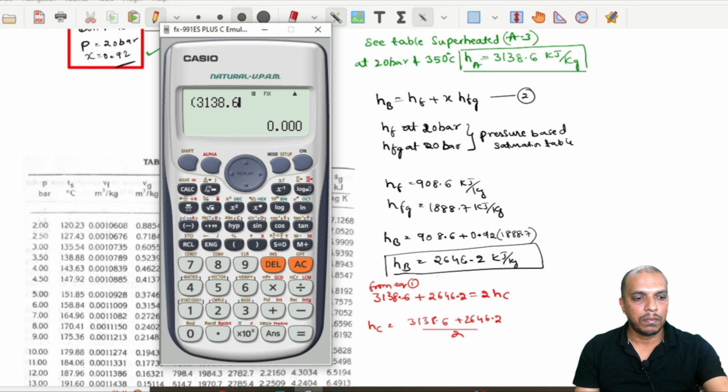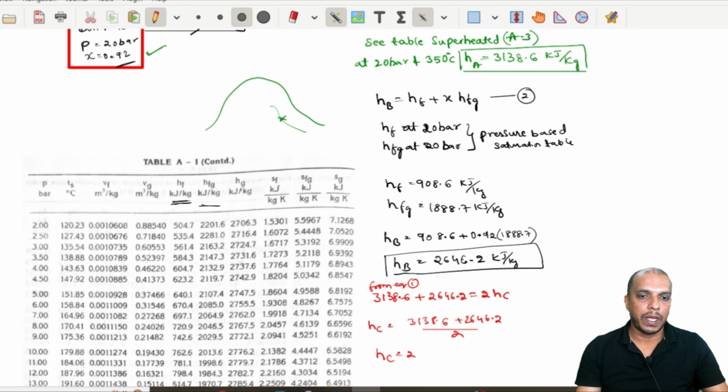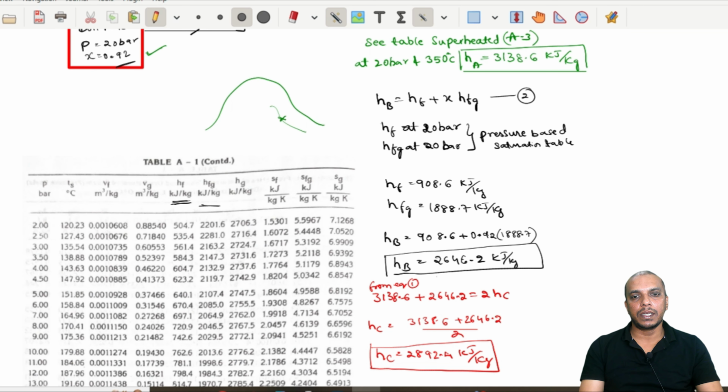That will be 2892.4 kilojoule per kg. Now this is the condition after the steam is mixed. The steam coming from one is superheated and one is within the vapor dome, which is wet steam, and the condition of the steam after mixing will be enthalpy at C, which is 2892.4.